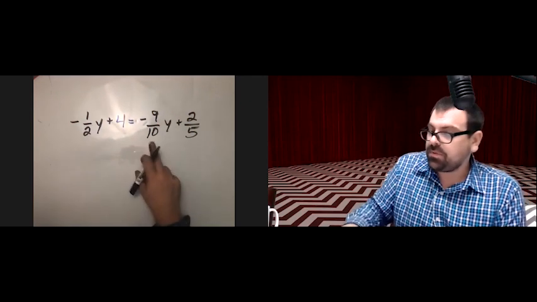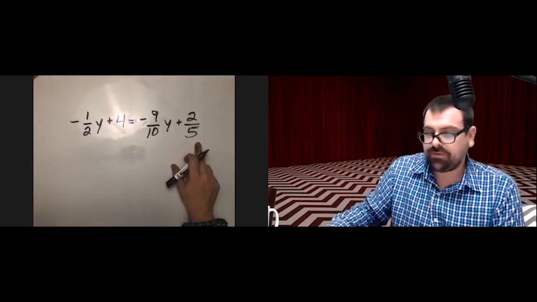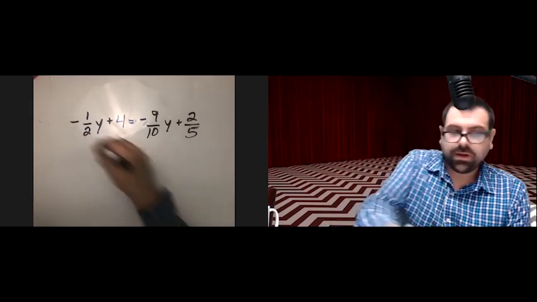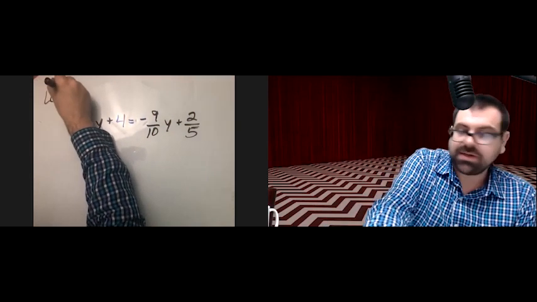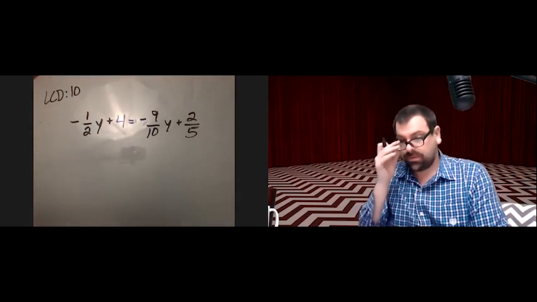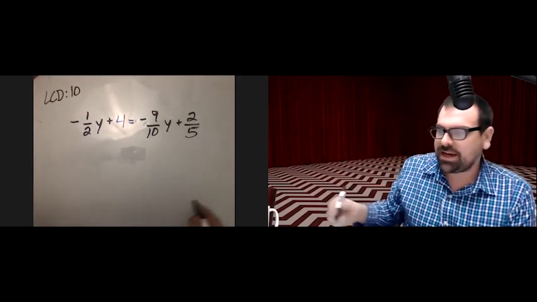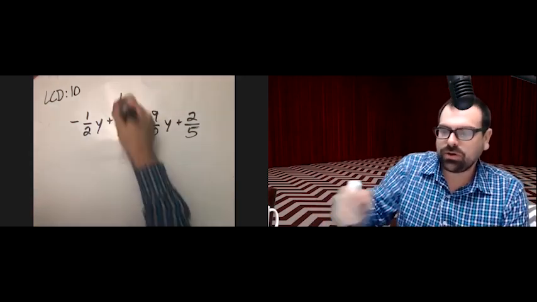If I look at the numbers that are on the bottom of all the fractions, 2, 10, 5, the least common denominator is going to be 10. I'm going to go ahead and put a times 10 in every term. I'm going to include this one.